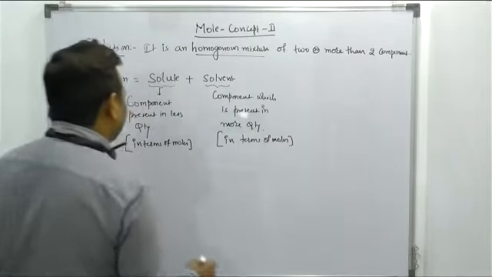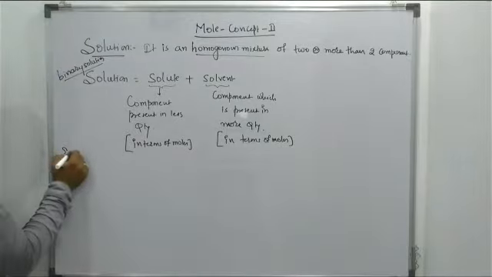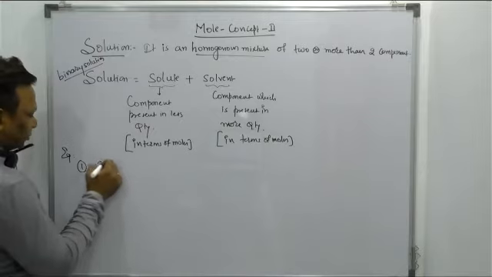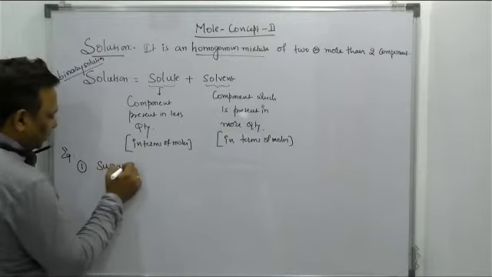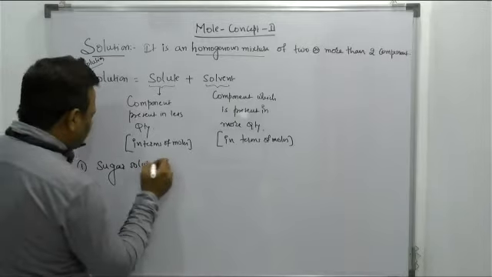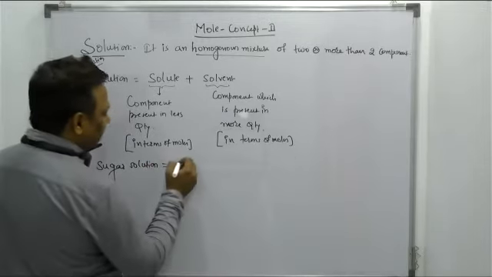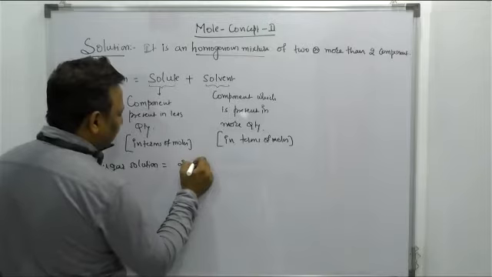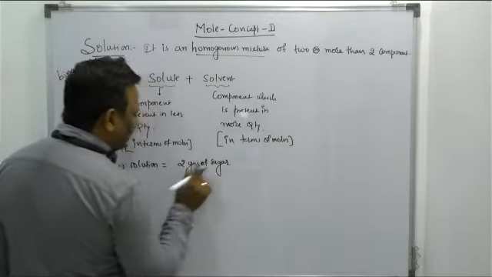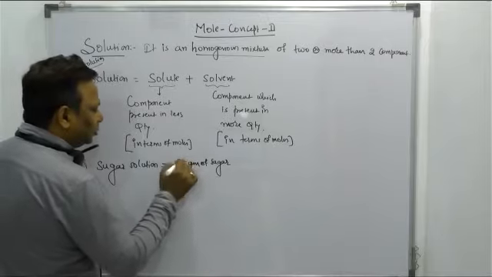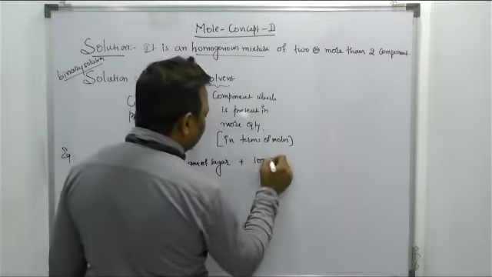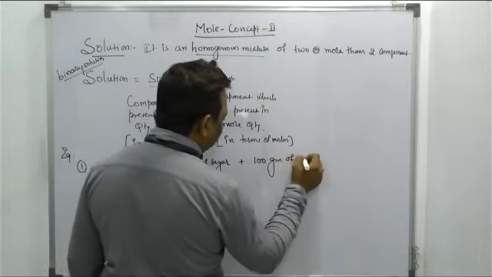For example, beta, I want to show you some examples. Let us say I want to make a sugar solution. To make this sugar solution, I am using 2 gram of sugar kept in 100 gram of water.